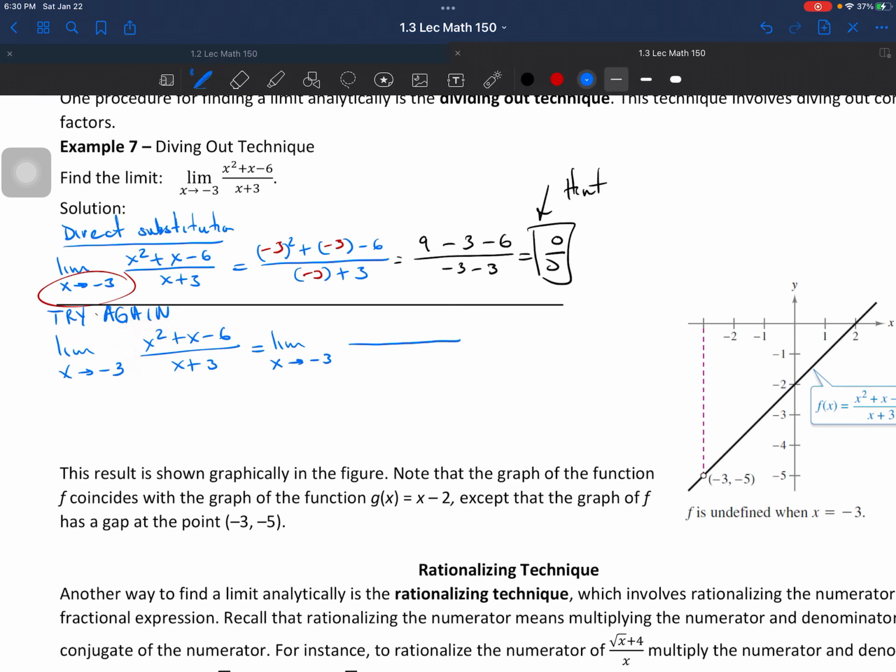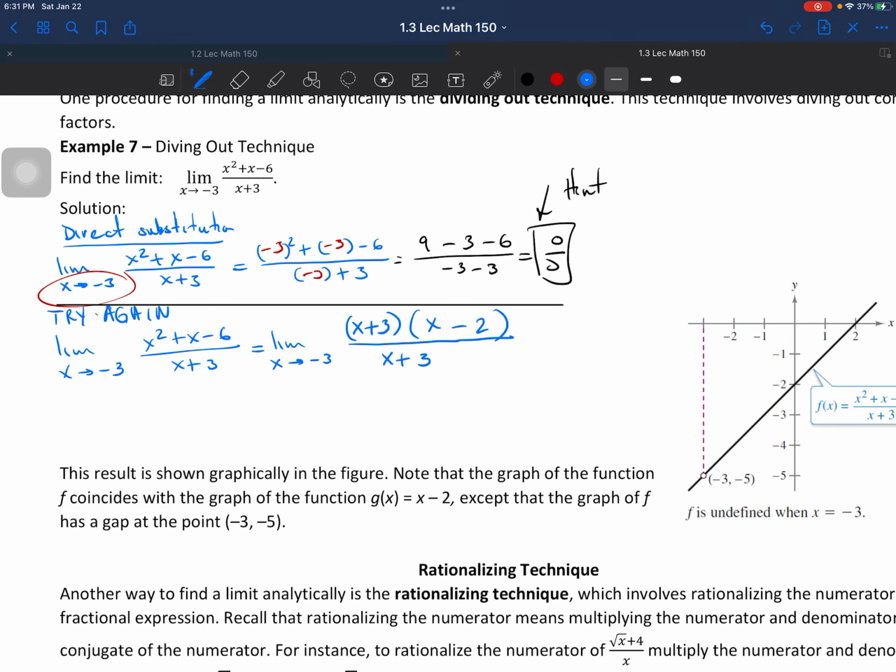So what I know about this is that we end up getting 0 over 0, which means that the numerator must have a factor that is x plus 3. Now that I know that, I can figure out the other one. Factoring a trinomial means a factorization of two binomials, which will be found by guessing.